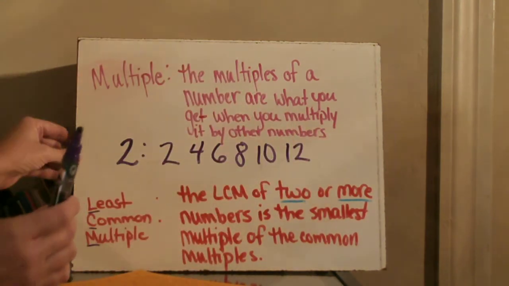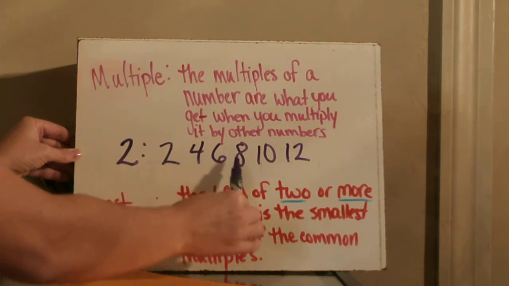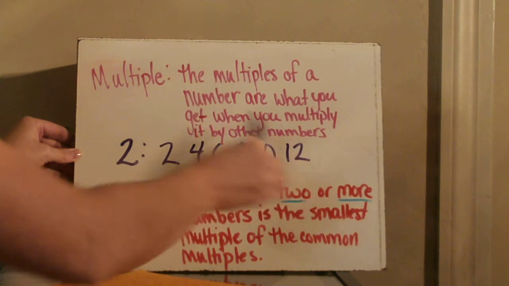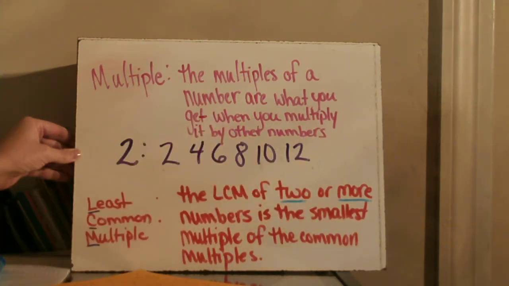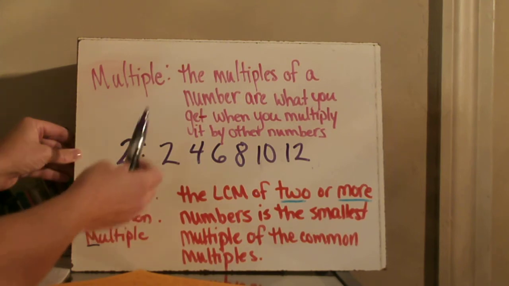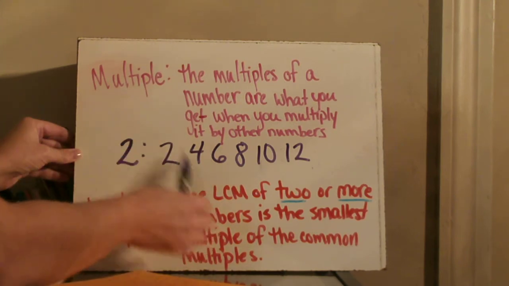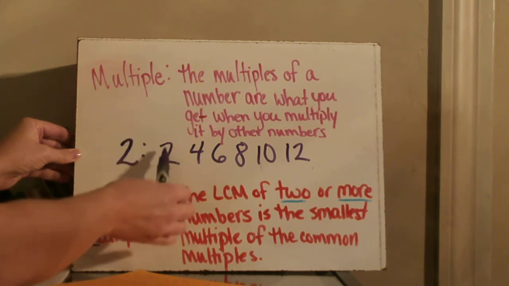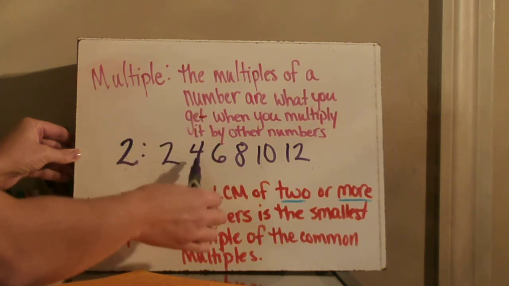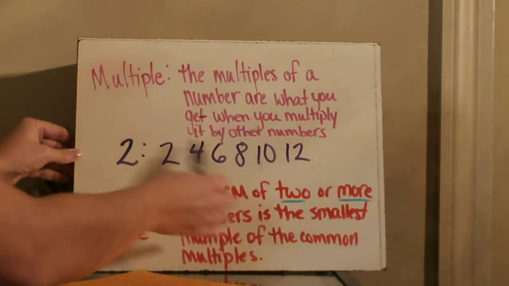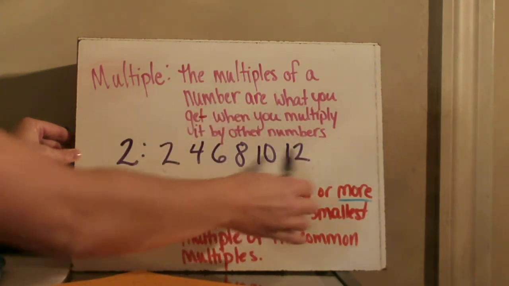If you notice, as we list the multiples of a number, we are flowing from left to right as if we were reading a multiplication table, because the multiplication table does show us what we get when we multiply a number by another number. So 2 times 1 is 2, 2 times 2 is 4, 2 times 3 is 6, 2 times 4 is 8, 2 times 5 is 10, and so on.